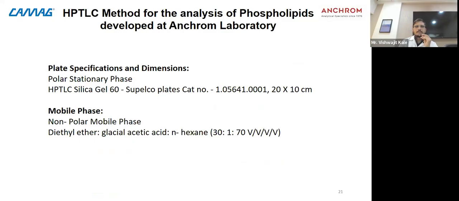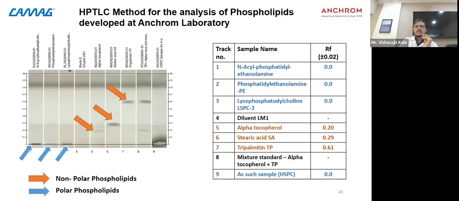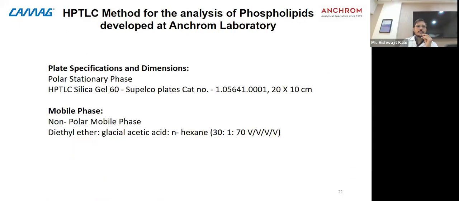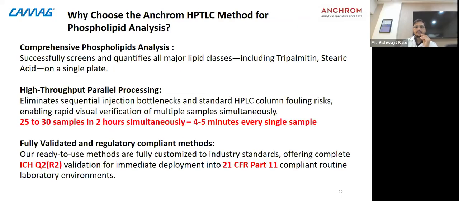So for the HPTLC method for the analysis of phospholipids, as I showed you earlier in this plate image, for development of this plate we have used this mobile phase, and the stationary phase is again common, that is HPTLC silica gel. So as you can see, every time we are using similar specifications of stationary phase, but we are changing only the composition of mobile phase depending on the polarity. Now, why choose the Enchrome HPTLC method for phospholipid analysis?